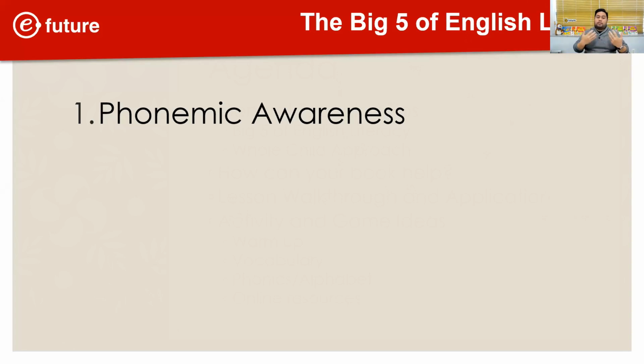When we have young children, reading a book to them or having them listen to a song, those kinds of things build up the phonemic awareness. So when we get into phonics, they're like, oh, I've heard this sound before.